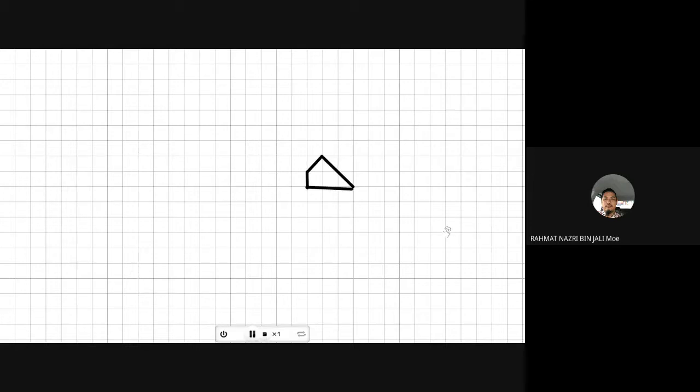Okay, this is an object P and the center O. Okay, and then this is a rotation 180 degree at point O. Okay, saya lajukan sikit.